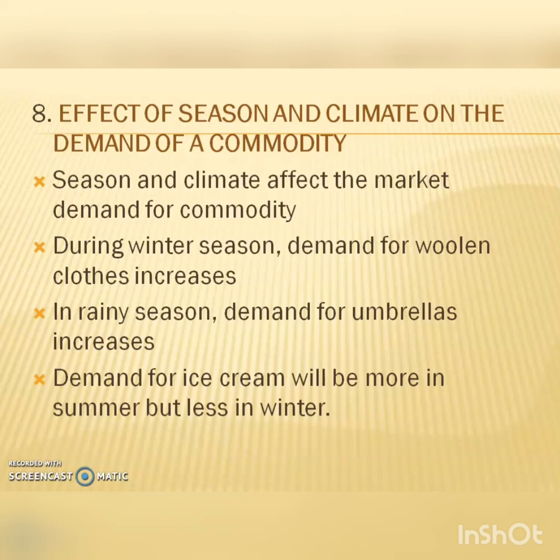So for example, during the winter season, demand for woolen cloth increases. In the rainy season, demand for umbrellas increases. Then the demand for ice cream will be more in summer but less in winter. So this indicates the relationship between season and demand.